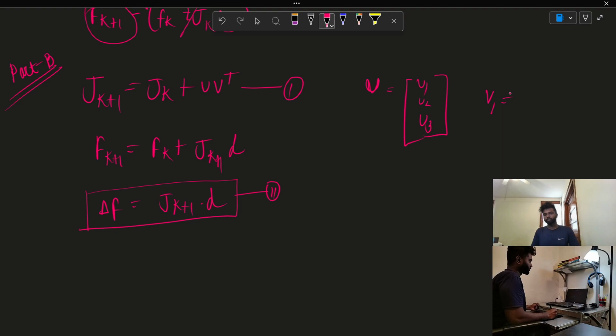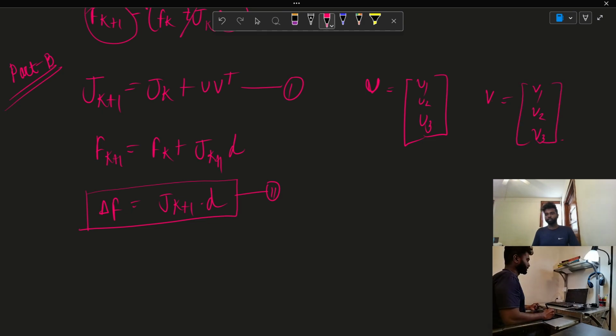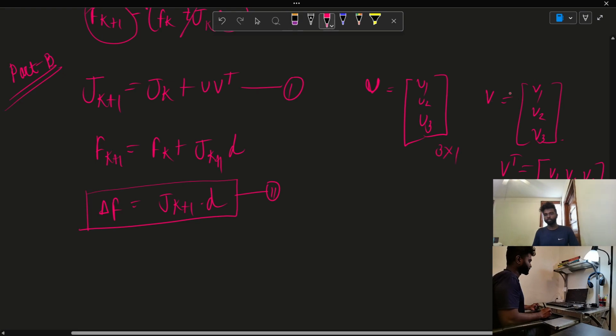Similarly, v is a column vector with components v1, v2 and v3. If you take v transpose, it becomes a row vector v1, v2, v3. u is 3 rows and 1 column, 3 cross 1, and v transpose is 1 row and 3 columns.